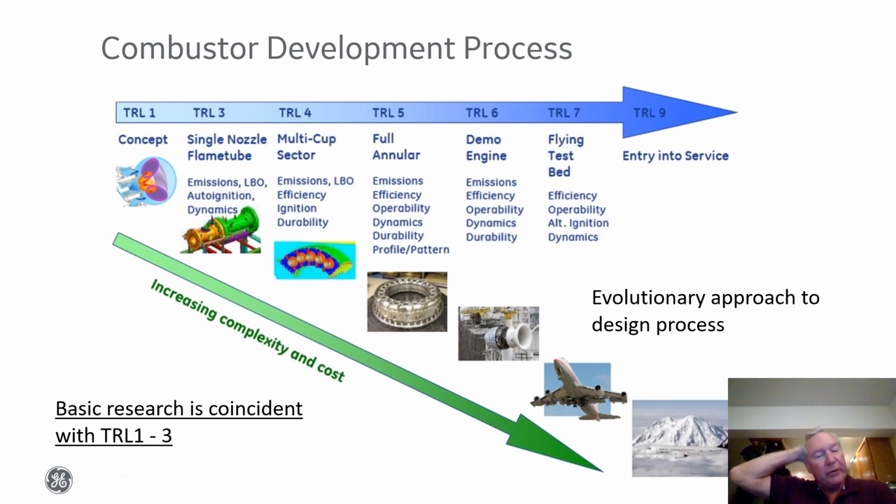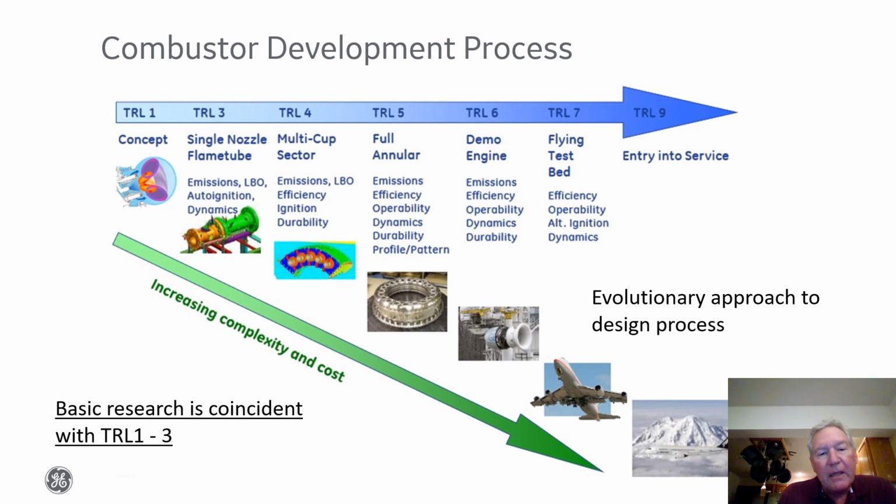This shows a progression that our company would normally go through to develop a new combustion system. So on the top, we're listing technical readiness levels or technology readiness levels.